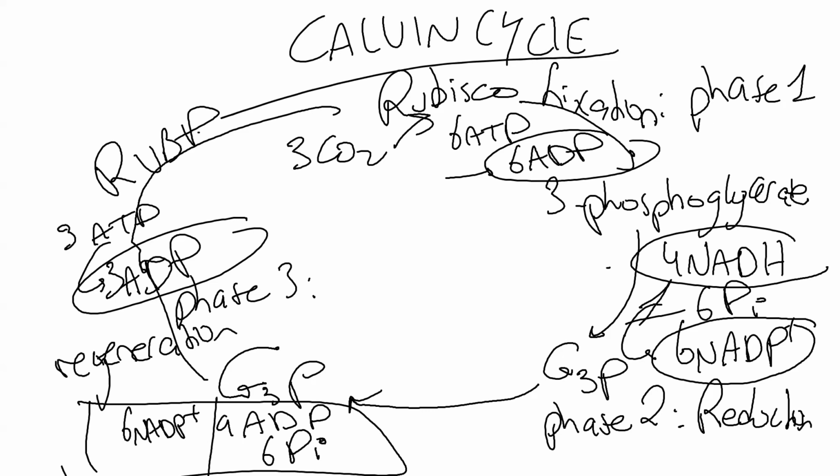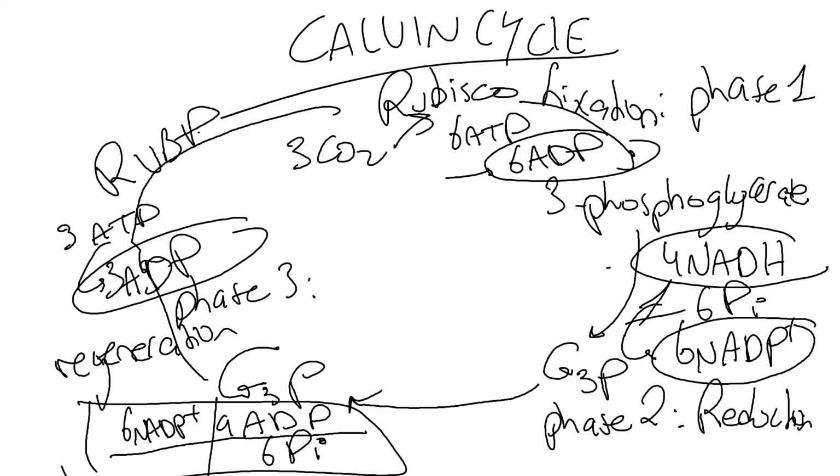Okay. Now, as we said, we start with 3 CO2. The Rubisco enzyme will interfere. This Rubisco enzyme will allow the fixation of carbon on an organic compound.